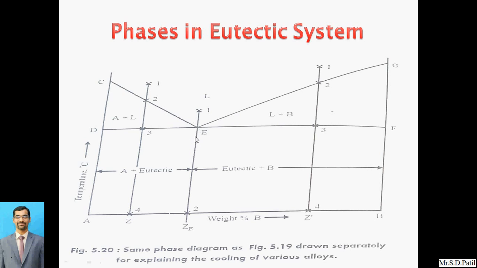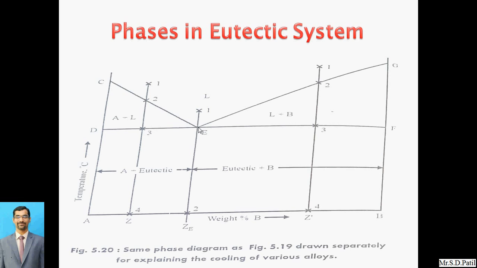This is the eutectic point. We explained this point in the last lecture. The reaction is that the liquid separates out into two solids, A and B. At the eutectic point, both metals start converting into the solid phase.